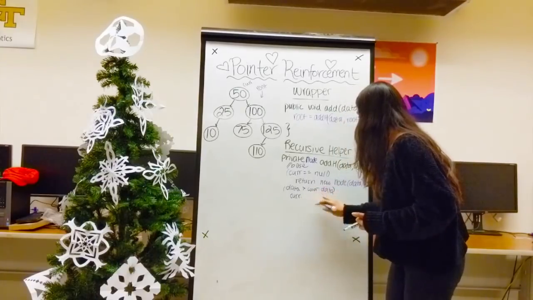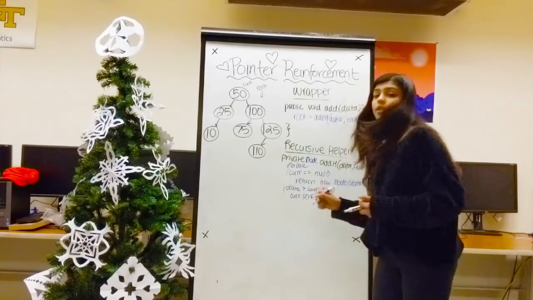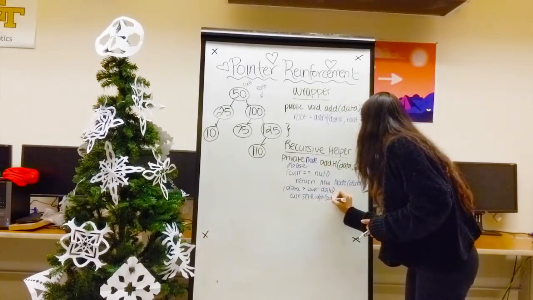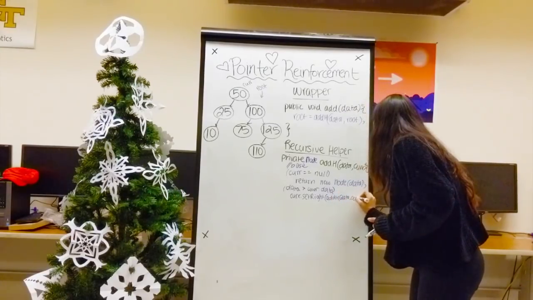So current dot set right, and then you put your recursive call in this method. So I would put add helper data, and then current dot right.